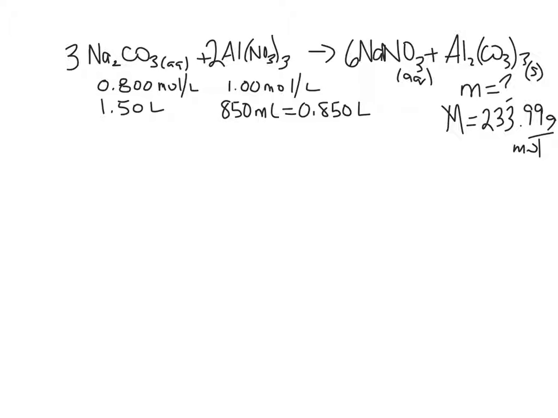So we want to find mass of aluminum carbonate. So what we have to do is find what ratio up there has grams of aluminum carbonate in it, and that is the molar mass. So we're going to do this first for sodium carbonate.